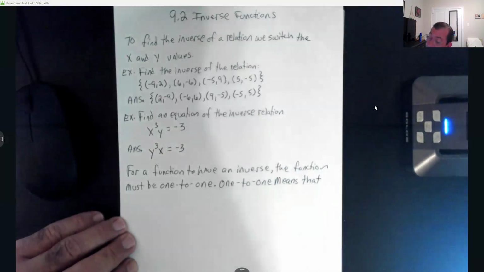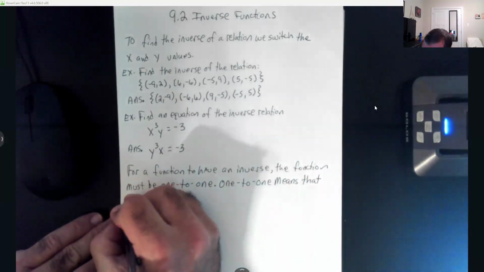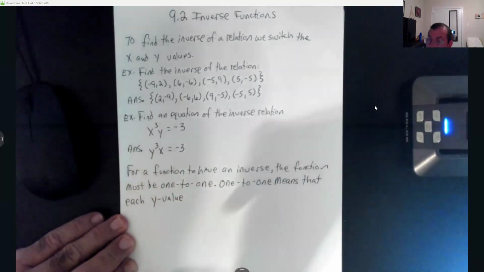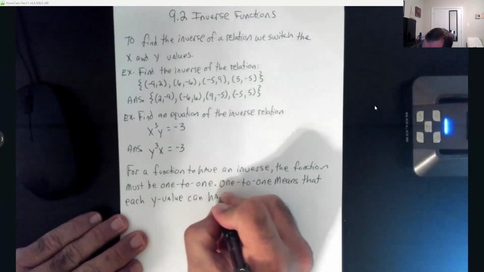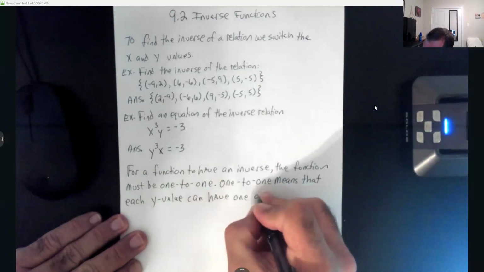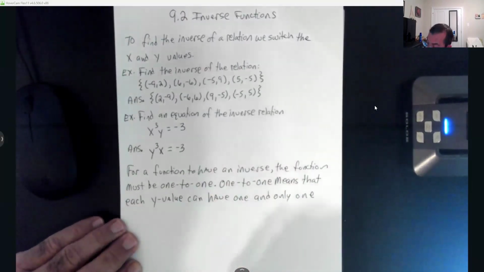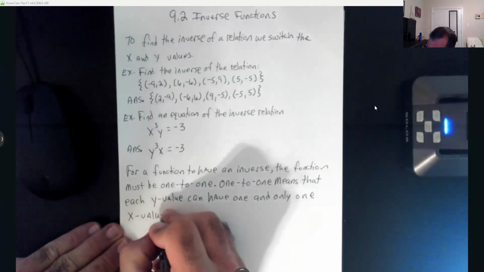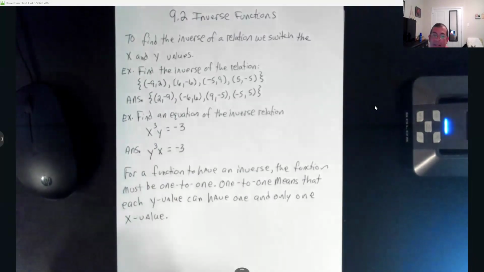Well, for it to have an inverse function, each y value can have one and only one x value. Okay? So that means the y's can only have one x value.